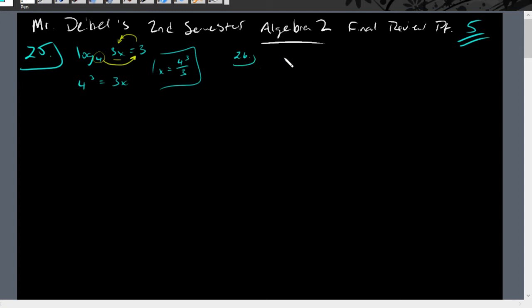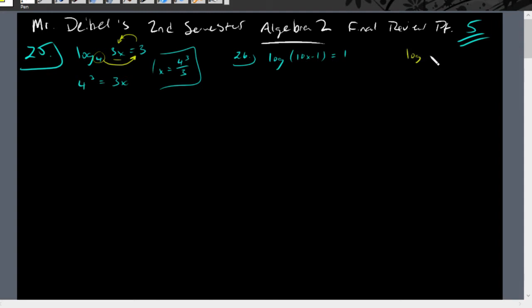We've got log of the quantity 10x minus 1 equals 1. Now, you might be thinking, well, what is the base? I don't see a number down there. And you are quite right, there's not a number down there. But this is an extra piece of knowledge you'll need, and that is that this is called common log.